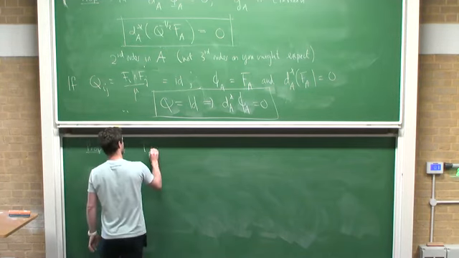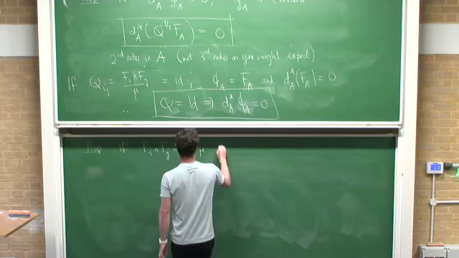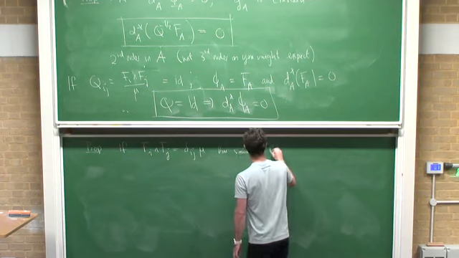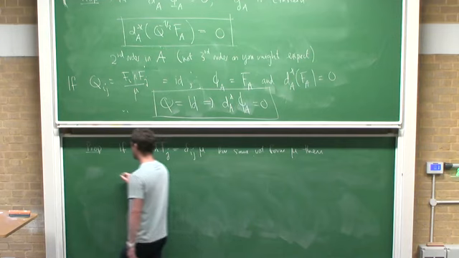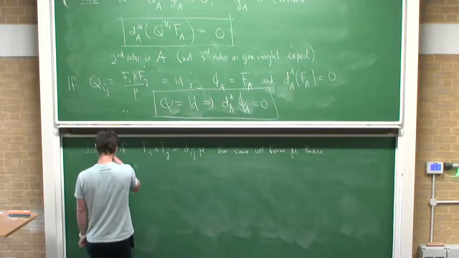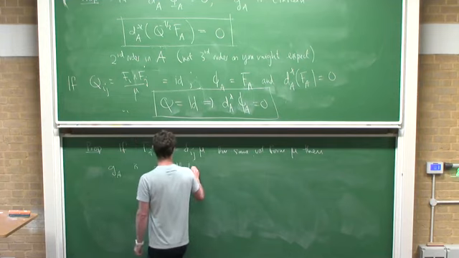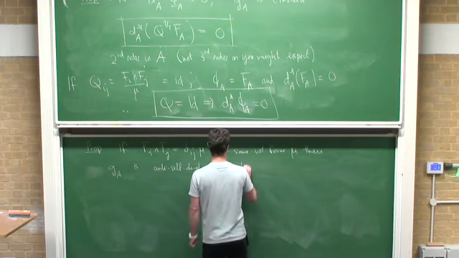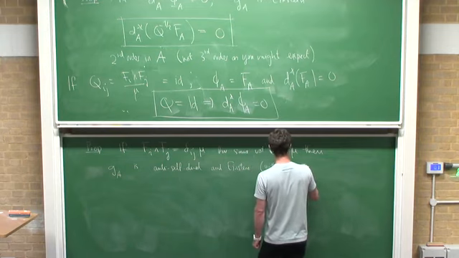So if Fi wedge Fj is delta ij times mu for some volume form mu, then g_A is anti-self-dual and Einstein. And in fact, it has non-zero scalar curvature as well.